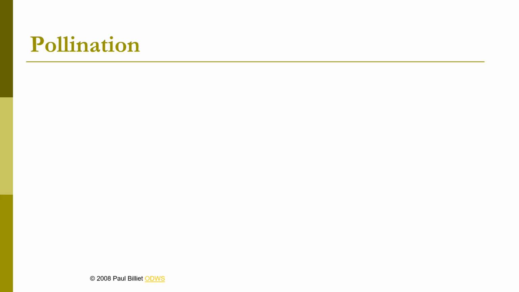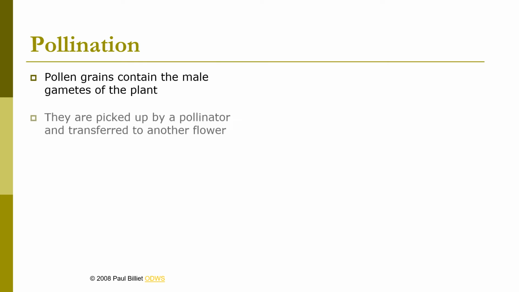For the flower to successfully reproduce, the pollination process is very important. By definition, pollination is basically the transferring of pollen from one flower to another by any means of transferring. Some examples of this will be flashed on the screen. So pollen grains contain the male gametes of the plant.